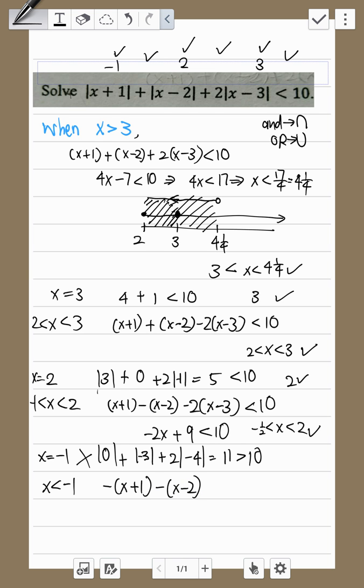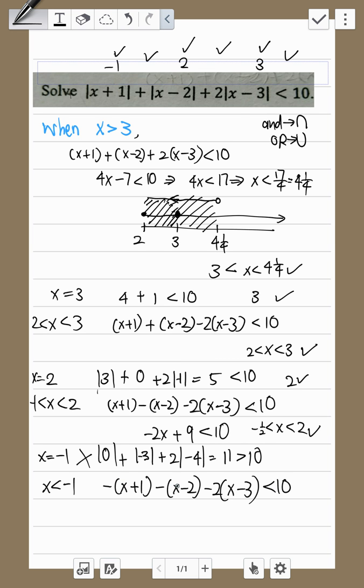When x is smaller than minus 1, all of them give me negative numbers within, but modulus means I need to reflect them with the negative sign so that they become positive numbers. So let's check if these values hold.